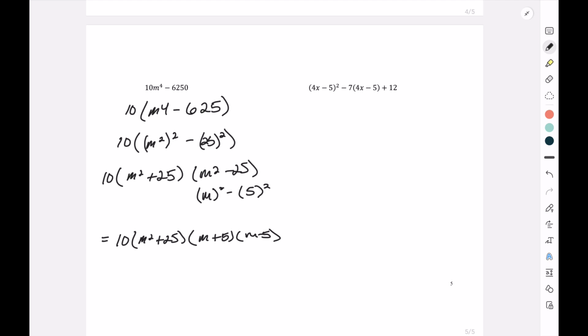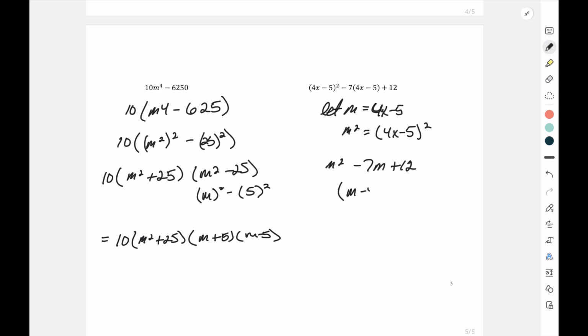Now we could do it by substitution. We could let m equal 4x minus 5, and so m squared would equal 4x minus 5 squared. So we would have m squared minus 7m plus 12. We can see that this is an x squared plus bx plus c form, and we can see that it would be a negative 4 and a negative 3.